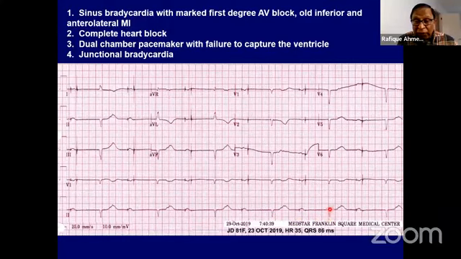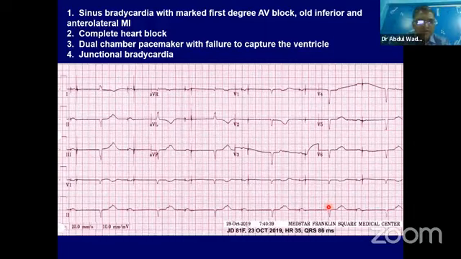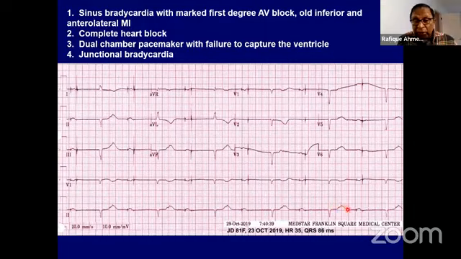If you look at where you can see my pointer, 1, 2, 3, 4, 5, that's 1 second, 60 beats per minute. If this pacemaker is set at 60 beats per minute, the R wave triggers the next cycle and calculates that the ventricular pacing should be here and then preceded by the atrial pacing.